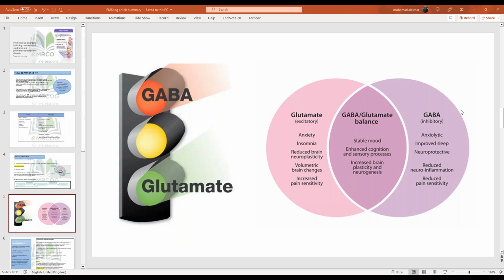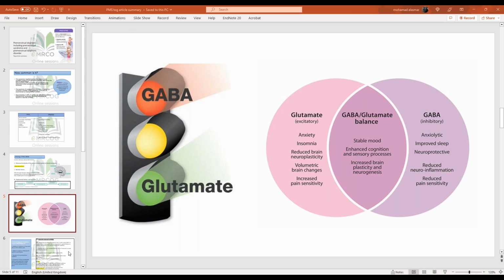So if the woman has high glutamate, what do we need to do in order to balance? Simple. What do you think? I need to bring the GABA up, right? I need to increase the GABA level. Does this make sense?